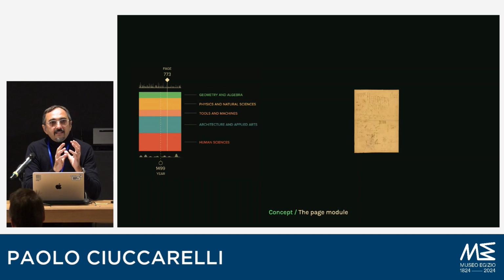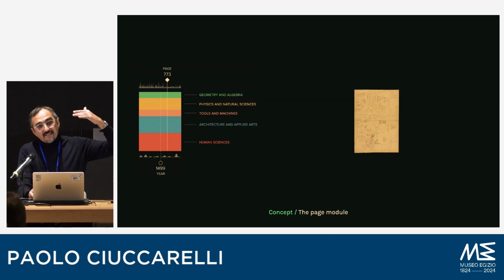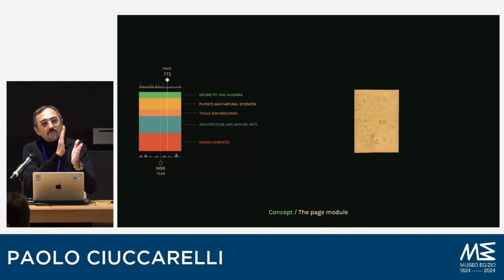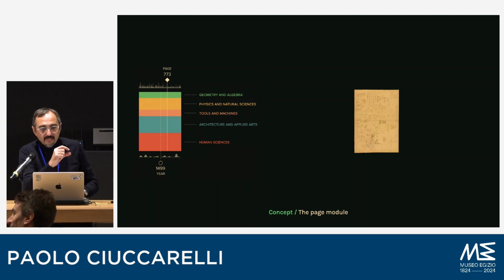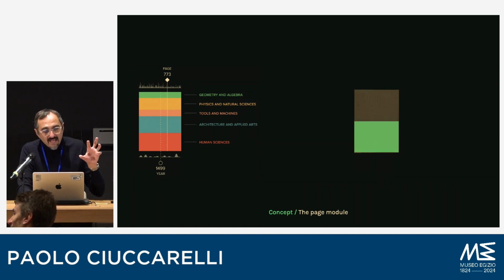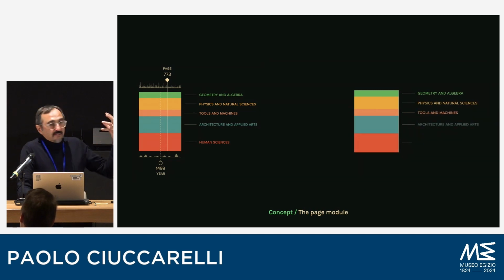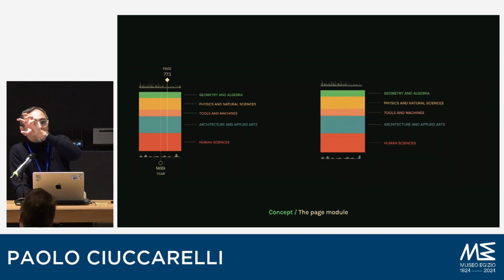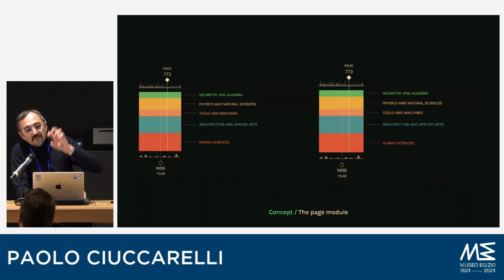We decided to have a glyph representing the page, with a stacked bar chart showing the different amount of content in the different topics, and then 2 lines representing the position in the corpus, the number of the page according to the person who assembled the Codex Atlanticus, and the date, the year. So you have this composite graphical element, which is the basic unit of the visualization.